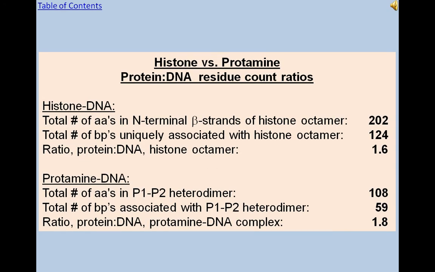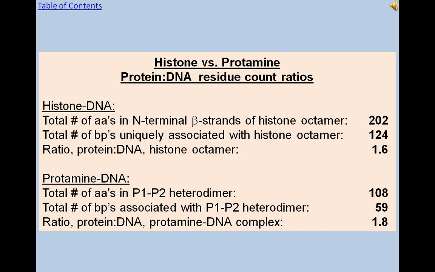Since our histone DNA structure is based upon the structure of the protamine DNA complex, I thought it would be a good idea to compare the protein DNA residue count ratios for the DNA binding regions of each protein. For protamine, the DNA binding region is, well, it's the whole thing.